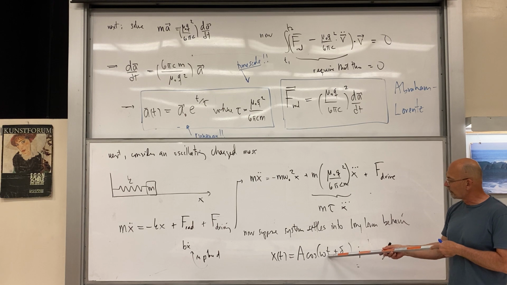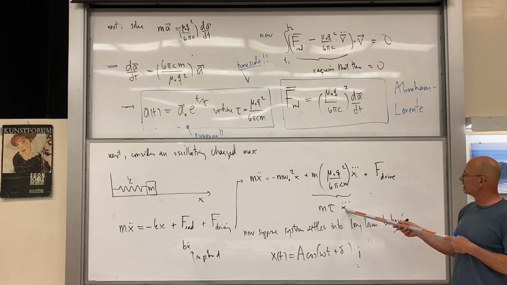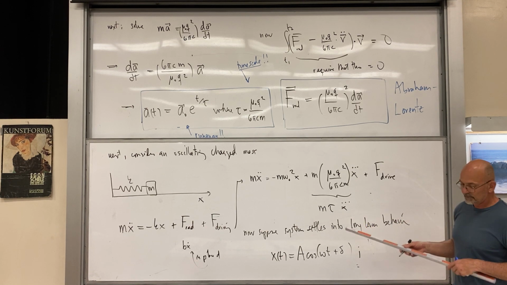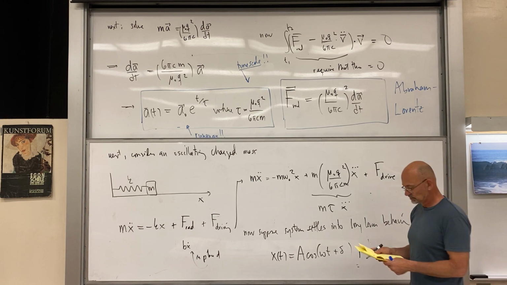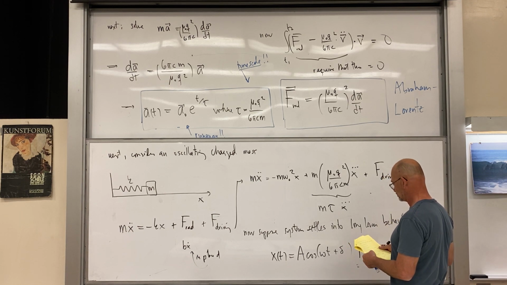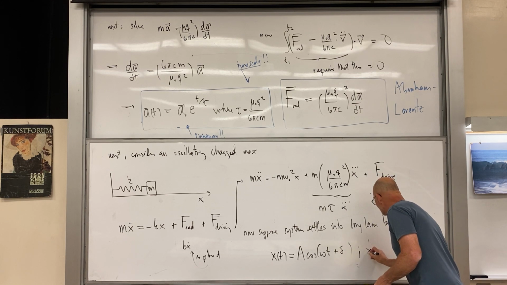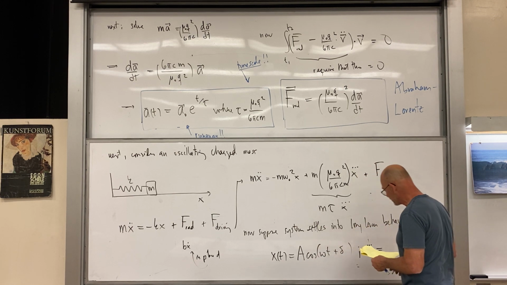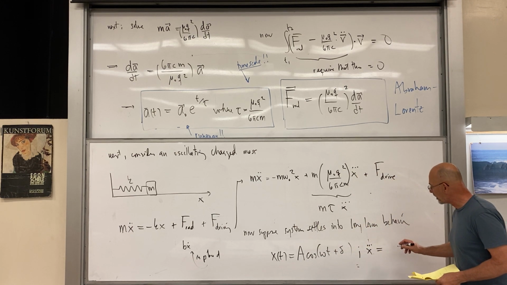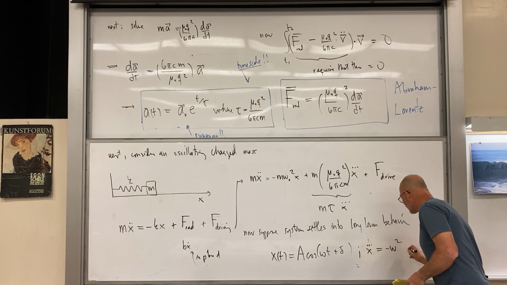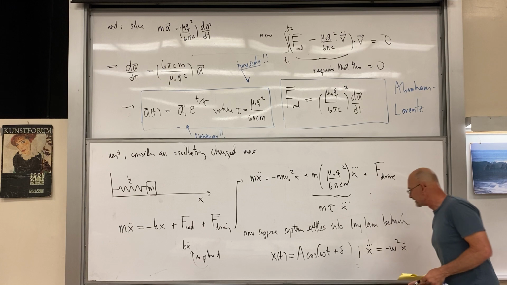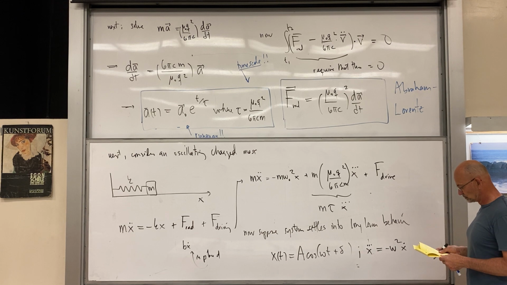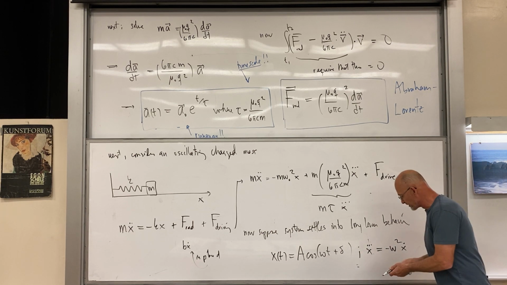We just bring out a minus omega cubed. So x third derivative is minus omega squared x dot, and that's actually the point we want.